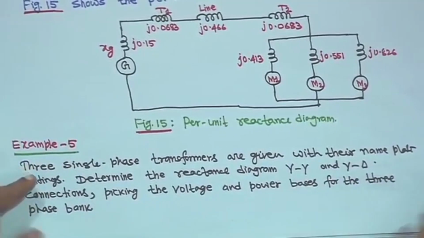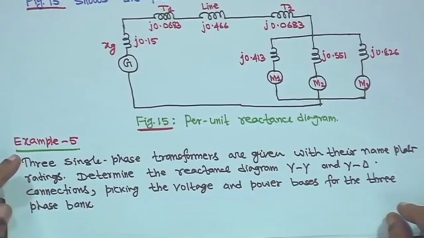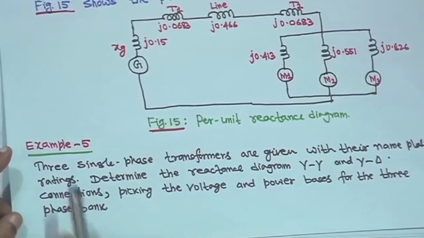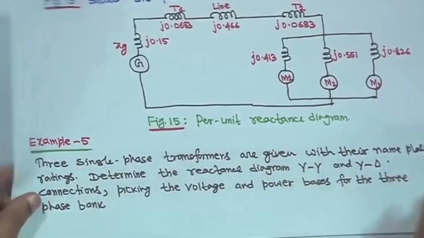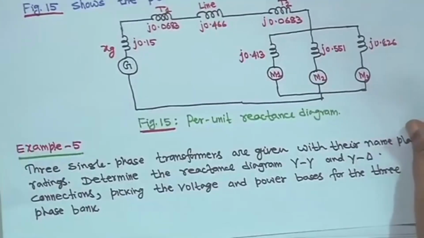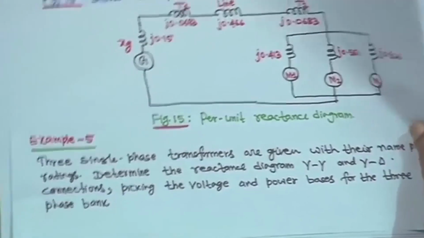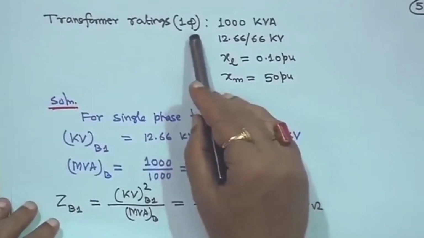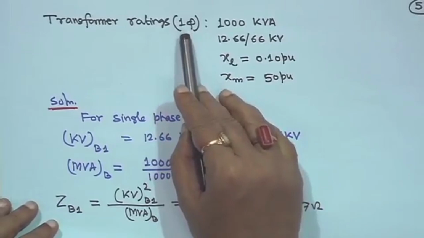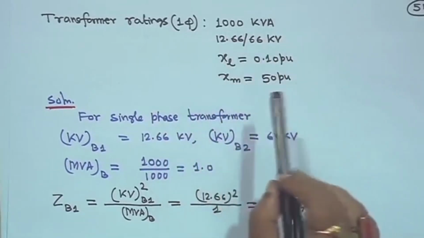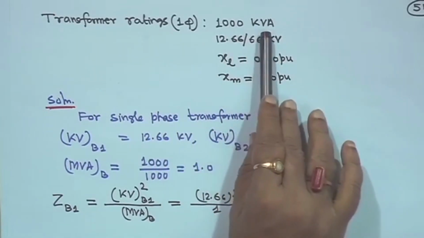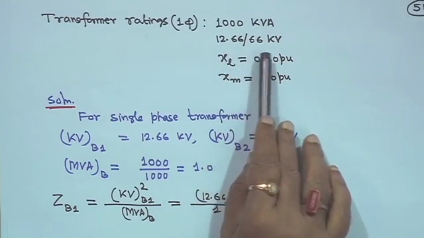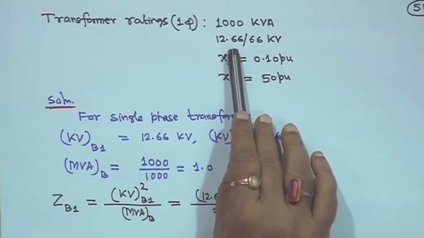So you have to find out the voltage and power base for the 3 phase bank. What we will do in per unit, whether it is star star or star delta, just see the transformer ratings given. They are single phase, with a rating of 1000 kVA each, that is 1 MVA, and voltage is 12.66 upon 66 kV for the single phase.